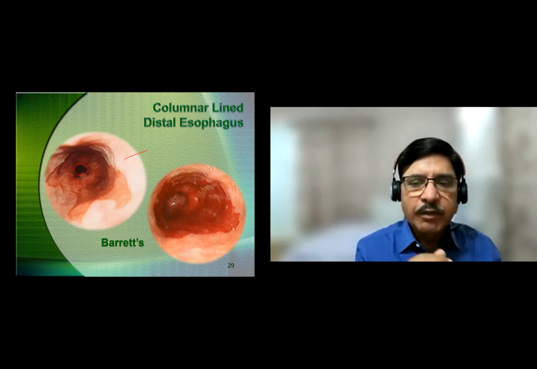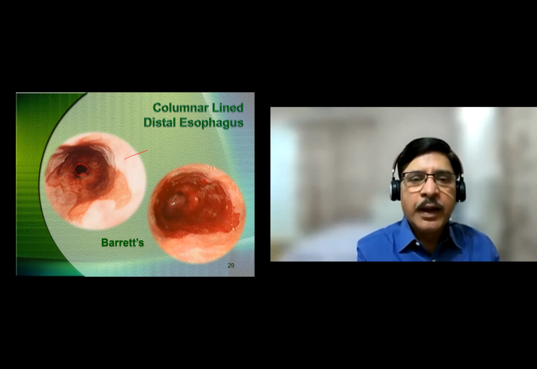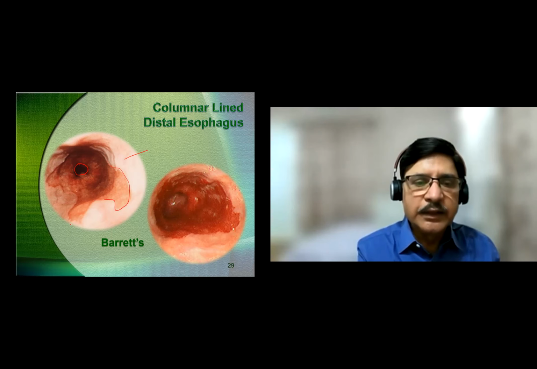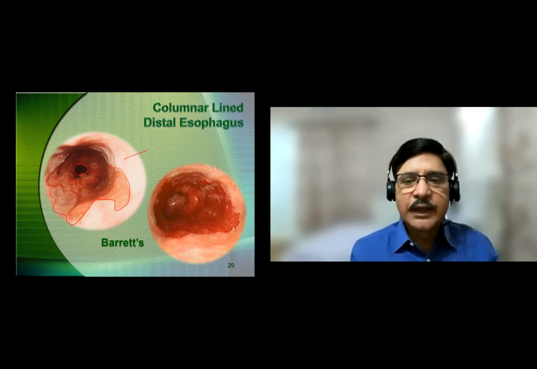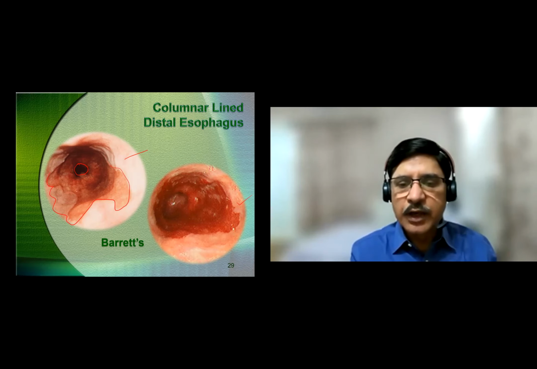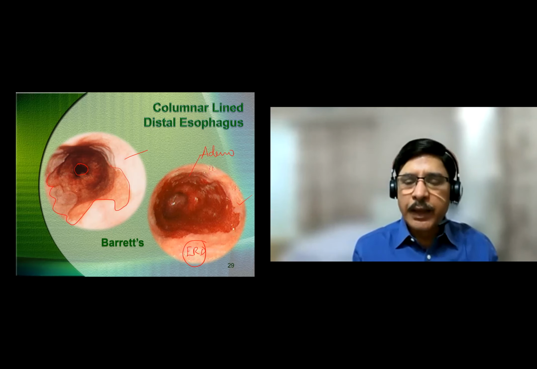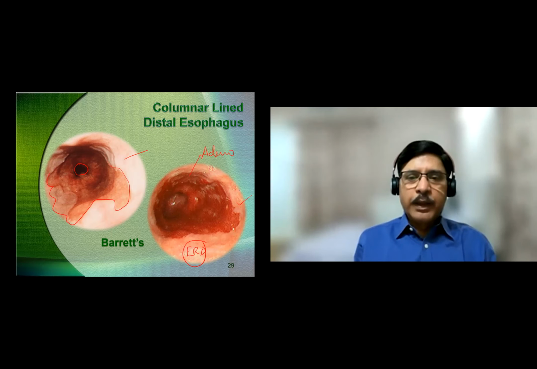There is a metaplasia of the squamous epithelium here to columnar, and that metaplasia is seen as Barrett's like that. You can see very severe Barrett's esophagus. This is called erosive disease, ERD, and this can go to stricture, and this can also produce adenocancer. Okay, Barrett's esophagus should be immediately identified and GERD treated.